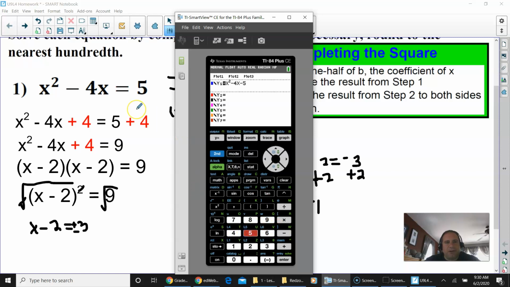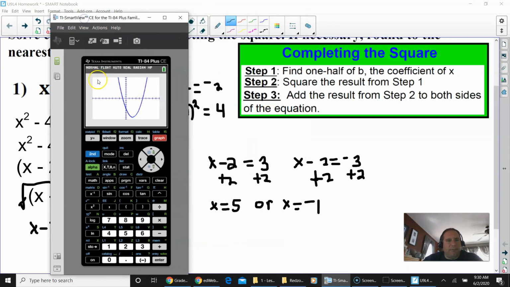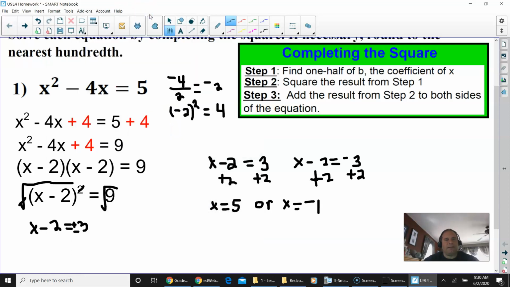Because remember, when you subtract 5 here, it would be this right here. You press graph, and let's see, our roots right now are -1 and 5. It's perfect. All right, so I know I'm correct, and number 1 is finished.